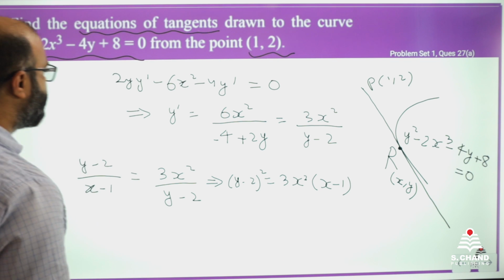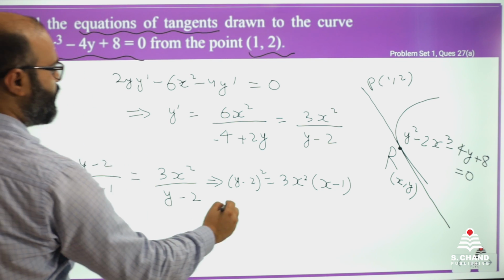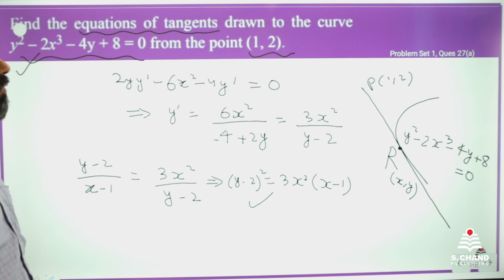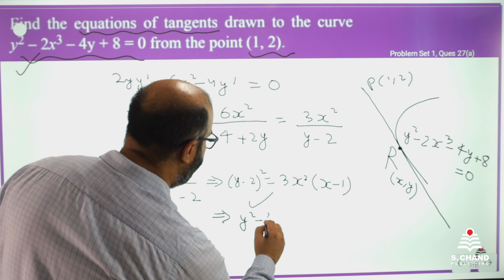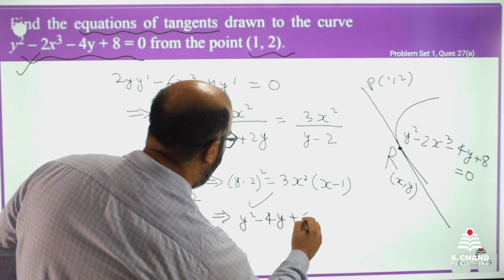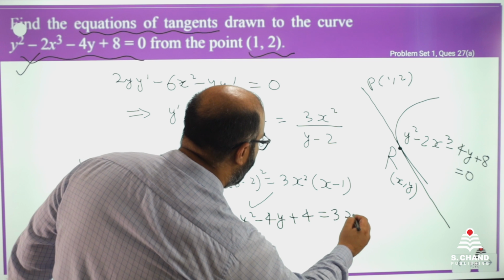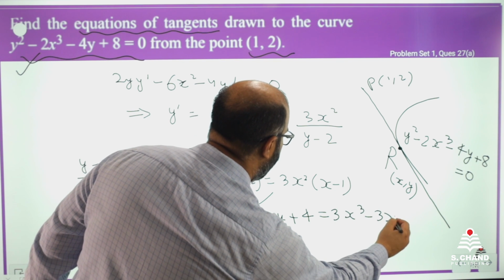Now our purpose is to solve this and this equation and get the value of x, y. So how do we do that? From here we can take x cube and substitute there, and we can also take y square. Better to take y square because on expansion this will become y square minus 4y plus 4 is equal to 3x cube minus 3x square.